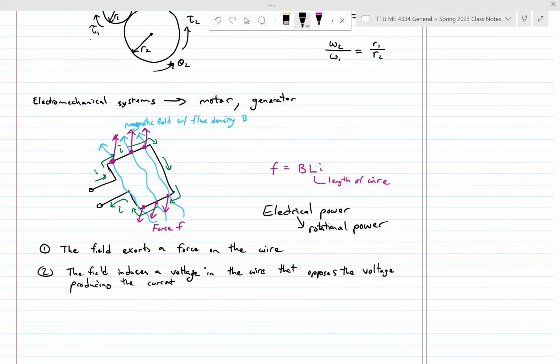This is specifically for a conductor moving relatively in a field here. What this is called is our back EMF. VB is equal to B times L times V, where V is the velocity of the wire.